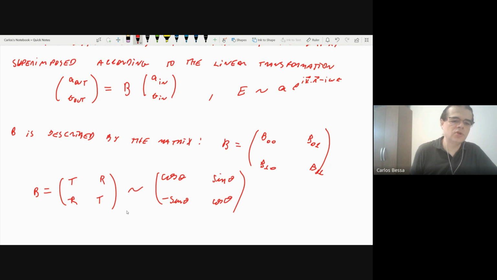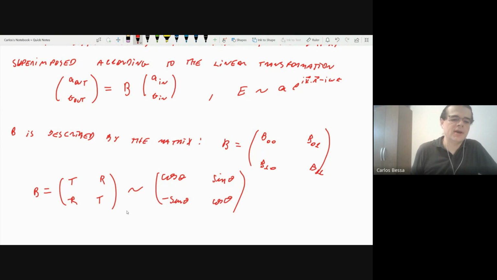The position here of T and R is like a choice. They don't need to be on this diagonal. The principal diagonal could be R, and T could be here. In different references, we'll see R or T in different places.